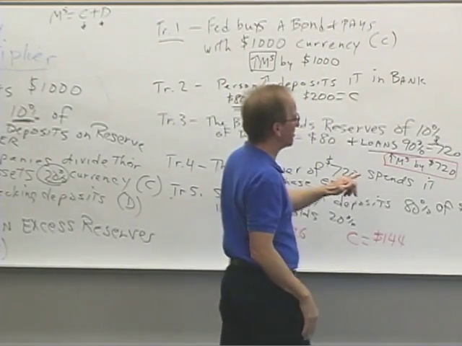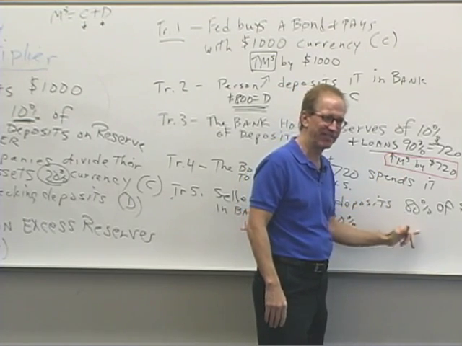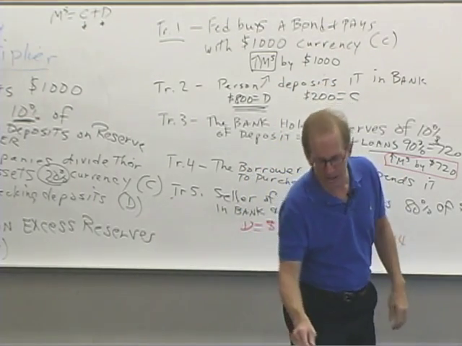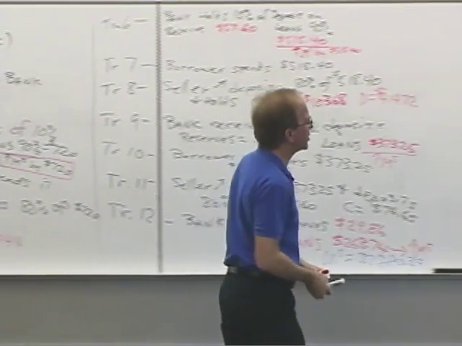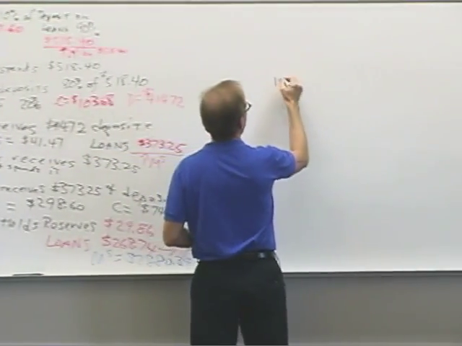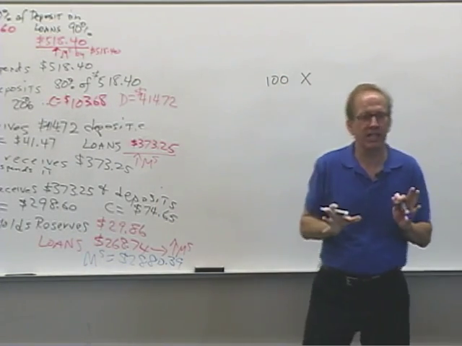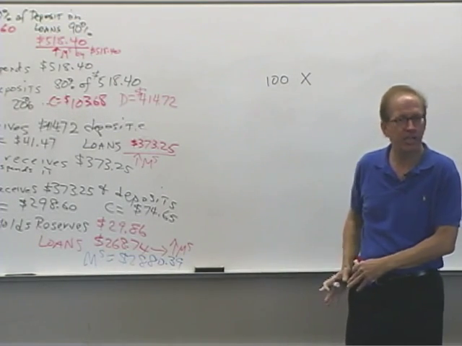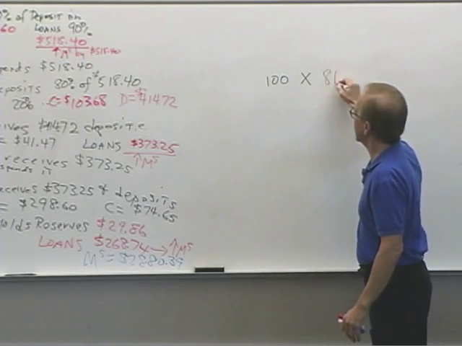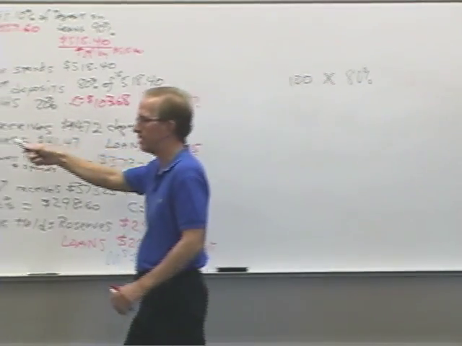Each one of these numbers is 72% as big as the one before. Here's what's happening, and I'll explain why this is 72%. Let's say that we started off with $100, and then 20% of that $100 would be held as cash, and the banker would only receive 80% of that. Because what we're talking about is how big these loans are.